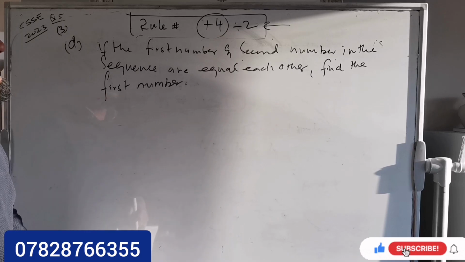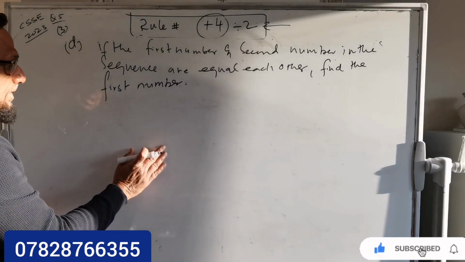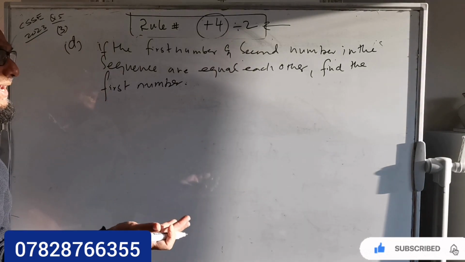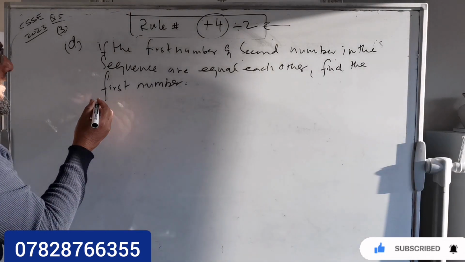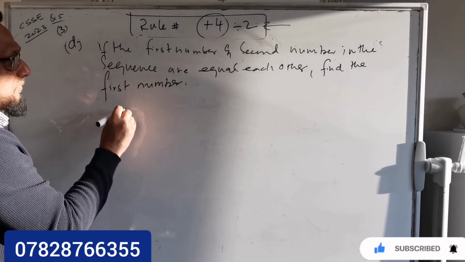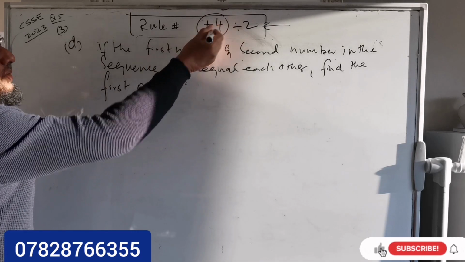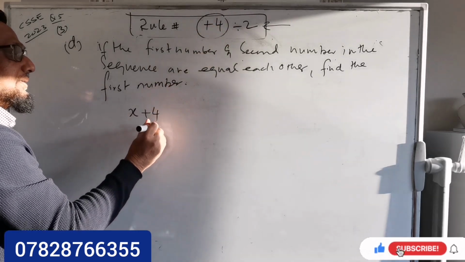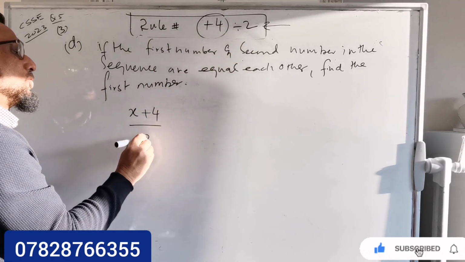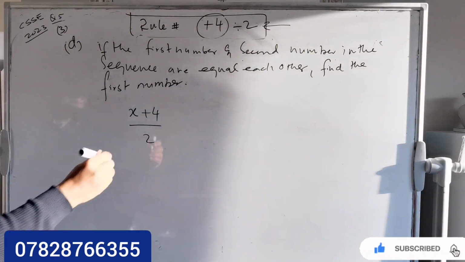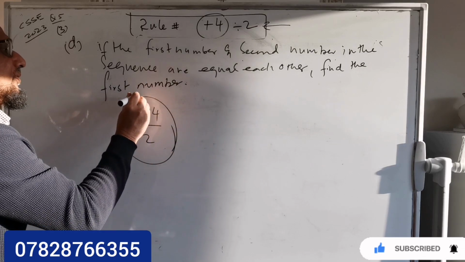So how do we work it out? The first number is unknown, so we can represent it by x, y, or z. I can assume that the first number is x. The rule says add 4 and divide by 2. So this is our first number.